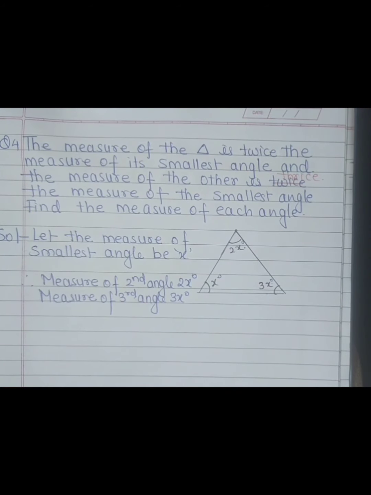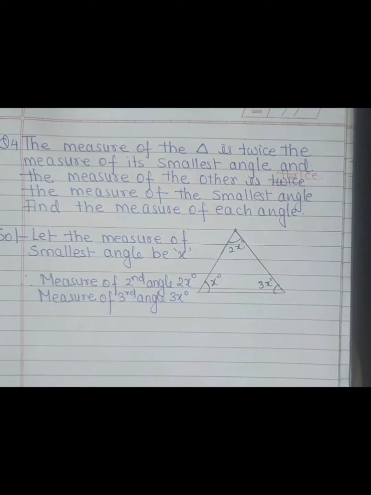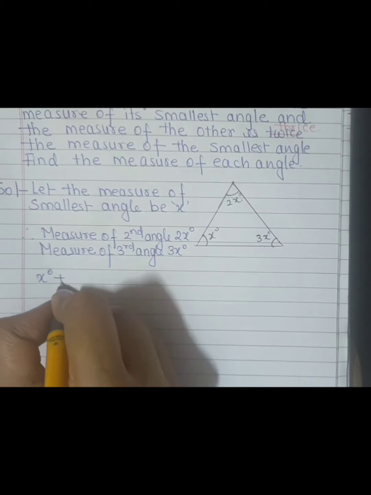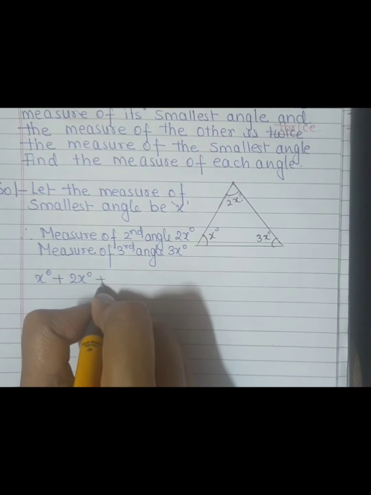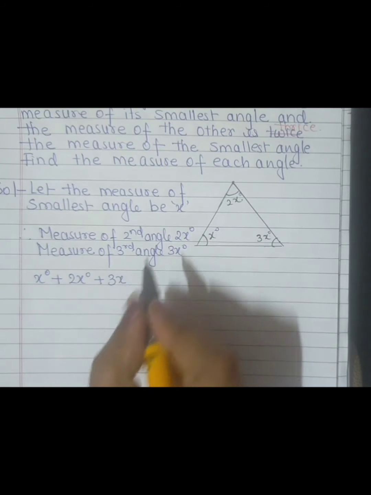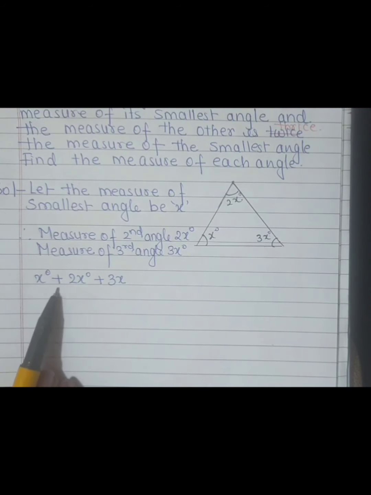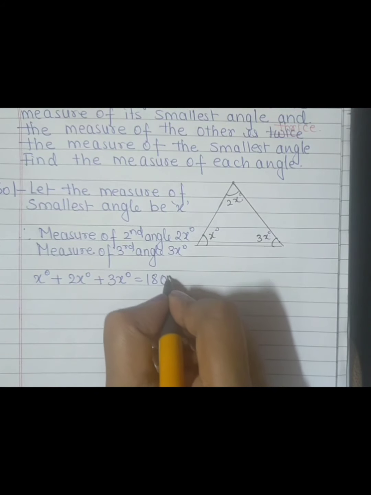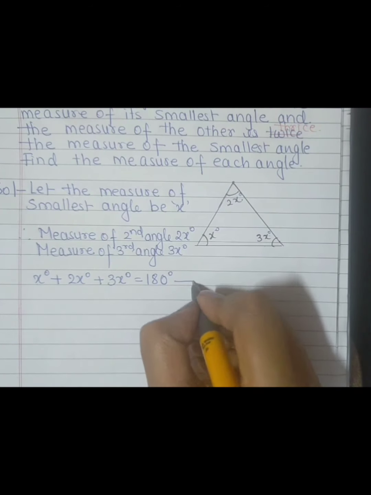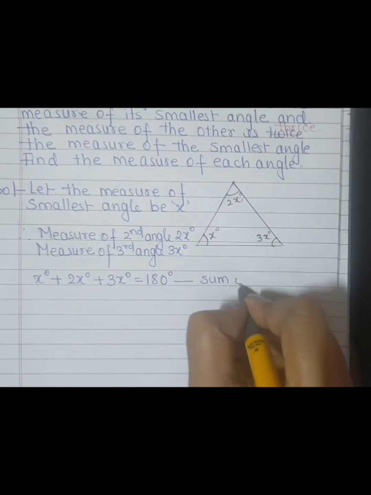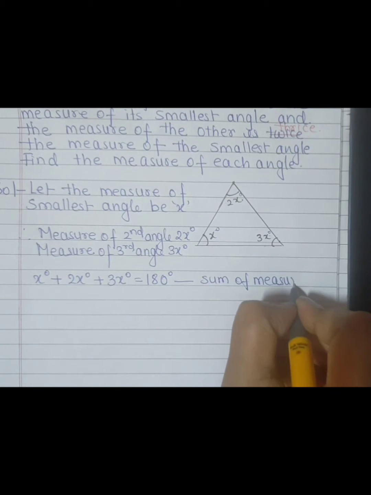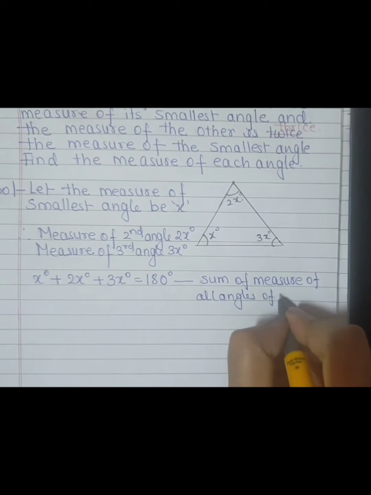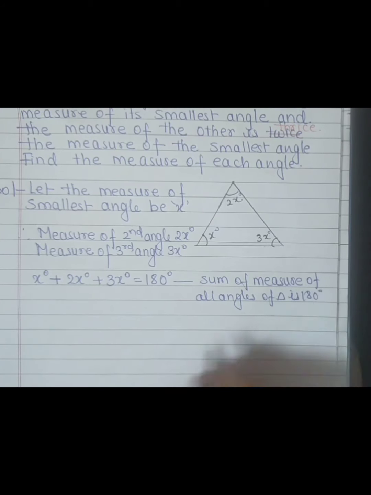Now we will start with our solution. The first condition: x degree plus 2x degree plus 3x degree is equal to 180 degree, because the sum of the measures of all angles of a triangle is 180 degree.